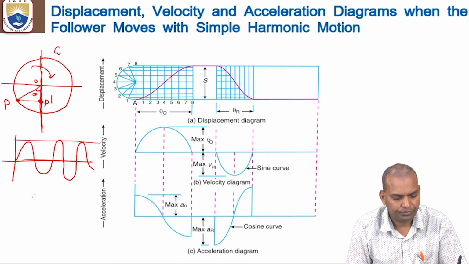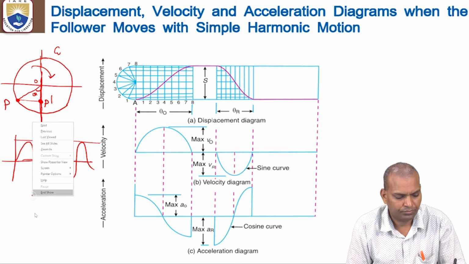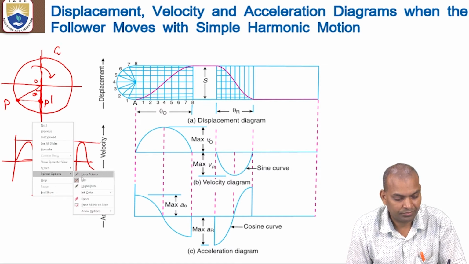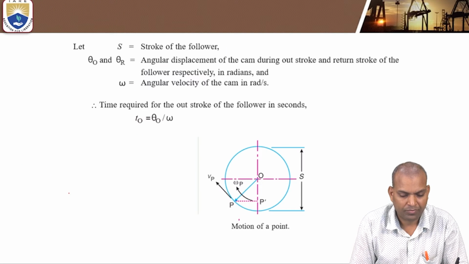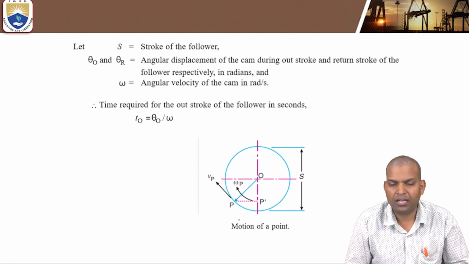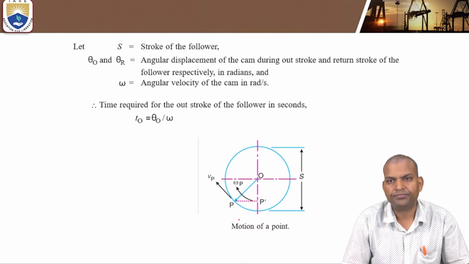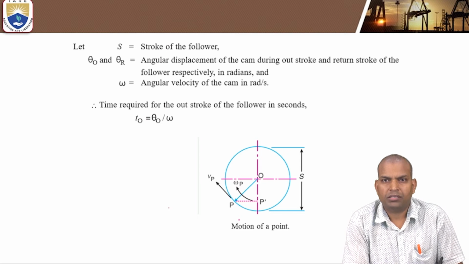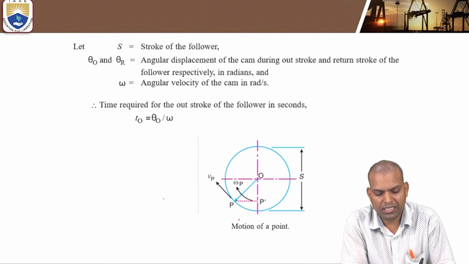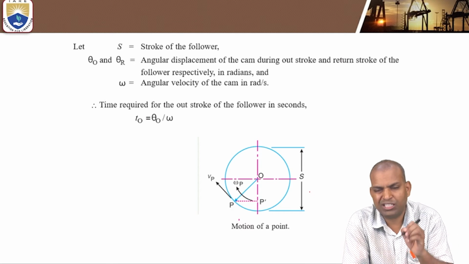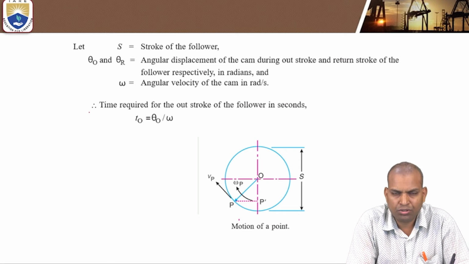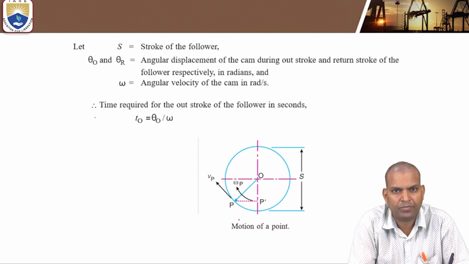Now, suppose we are considering here the motion of a point. This is S, where S is the stroke of the follower, that is the displacement. What is the stroke of the follower? The stroke of the follower is the maximum distance traveled by the follower during the rotation of a cam.